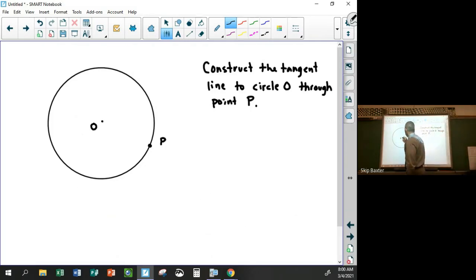So they want you to construct the tangent line to this circle through point P.